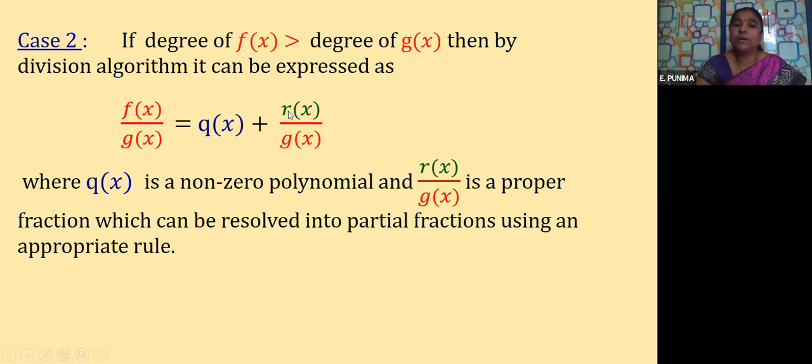So the degree of numerator is less than the degree of denominator. So it is a proper fraction, and using our 4 rules, whichever is applicable, we split it into partial fractions. Clear, children? Let us see it with an example.